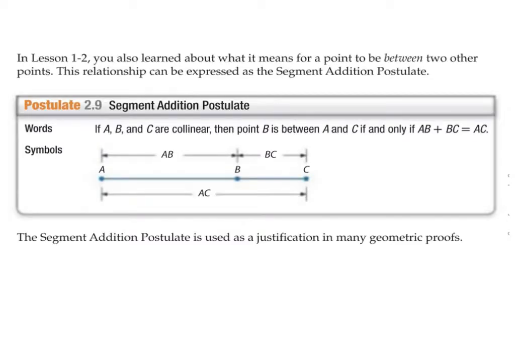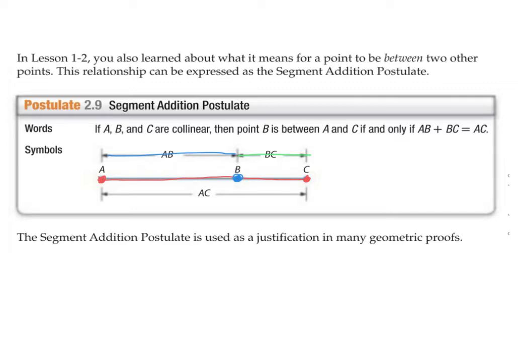Then I have the segment addition postulate, which is just telling you, hey, if you have a large line segment like this one, and then you break it up into 2 little pieces. So if I say AB is a line segment and then BC is another line segment, I can add up those 2 pieces to get the larger line segment.